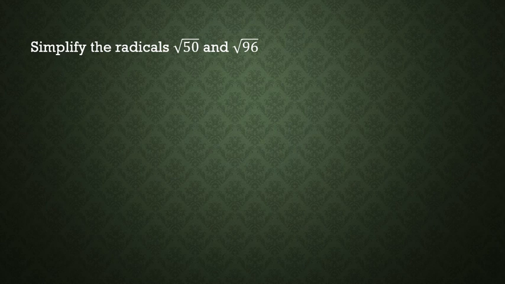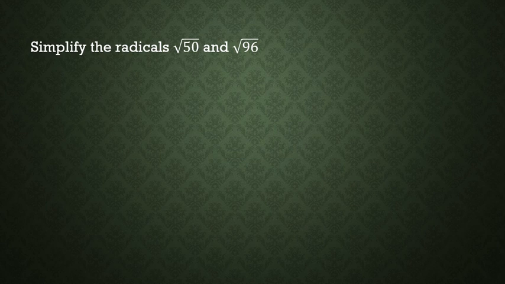Now, if you're asked to simplify a radical, what you're trying to do is find two numbers that multiply to your given radicand such that one of your numbers is a perfect square. And when you take the square root of that perfect square, you just get a natural number.